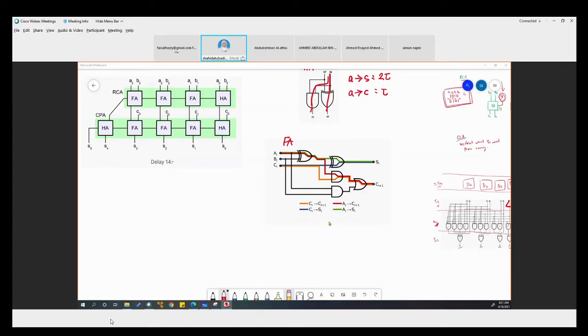So from input A to S, it will take you 4 tau because we're going through 2 XOR, right? From A to S is 4 tau.